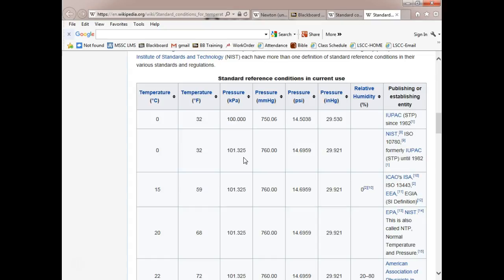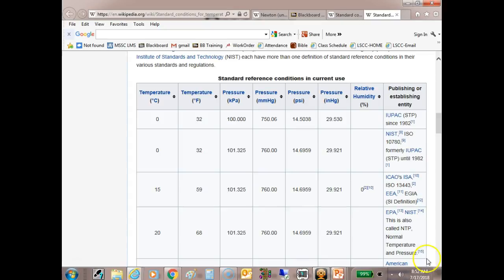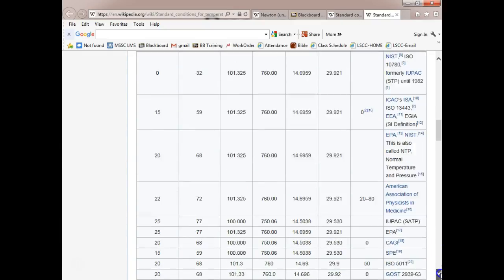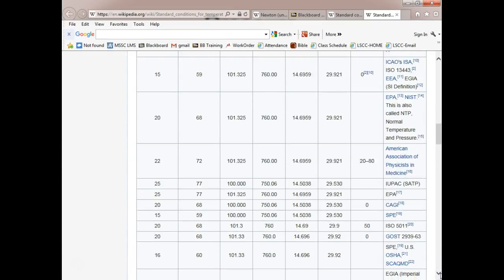So where are you going to run into this? Well, odds are we're going to use this guy right here, or probably this guy down here, the American Association, because this gives us a reliable temperature. The American Association of Physics says that instead of about what temperature, but still the numbers line up, which is very great.